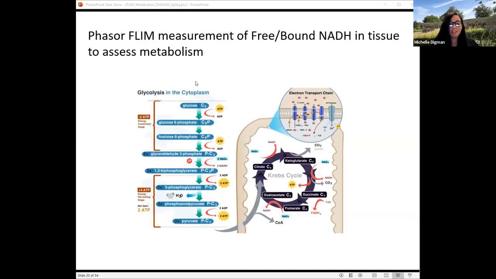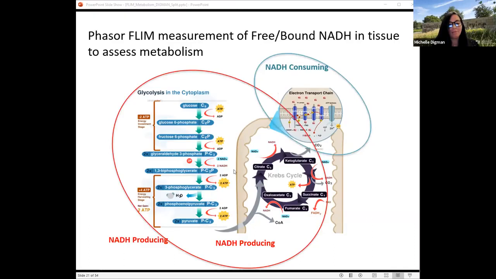So our cells can actually break down glucose in 2 different ways, either just normal cell respiration, which is called oxidative phosphorylation, and that's using the mitochondria, or they can break down glucose in the absence of oxygen. If your muscles, let's say you go to the gym, you work out a lot, your muscle cells can actually undergo glycolysis, producing a lot of lactic acid. So what you see here is that in this glycolysis pathway, there's a lot of NADH that is being produced.